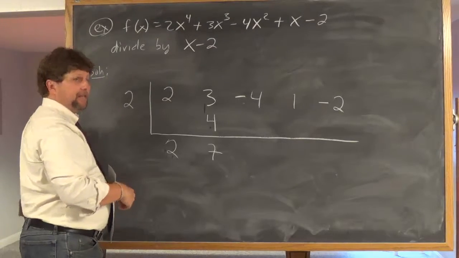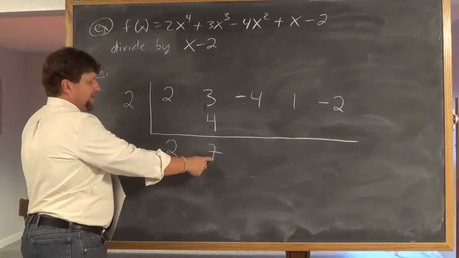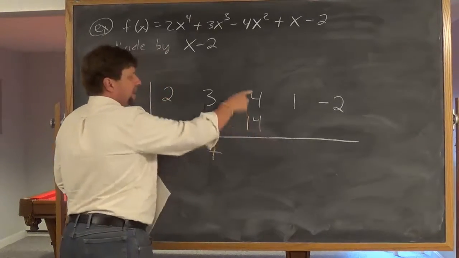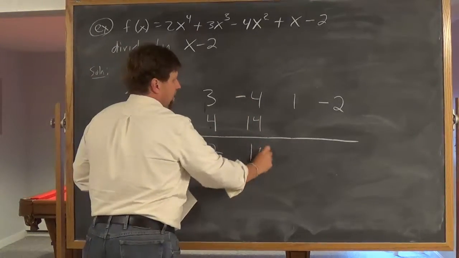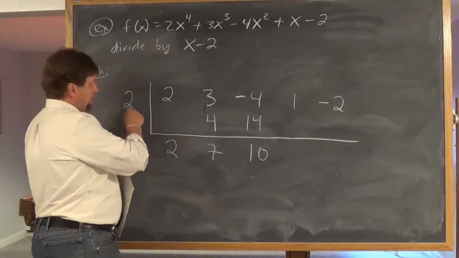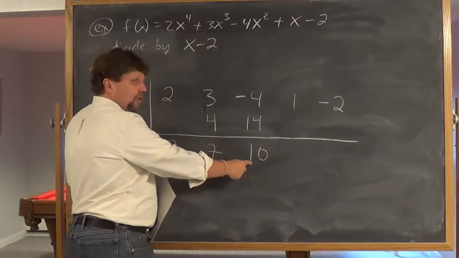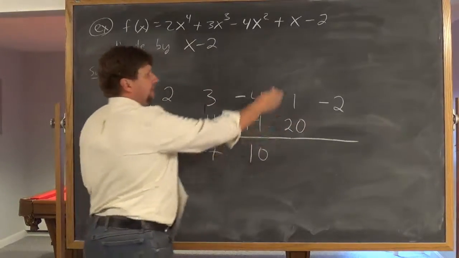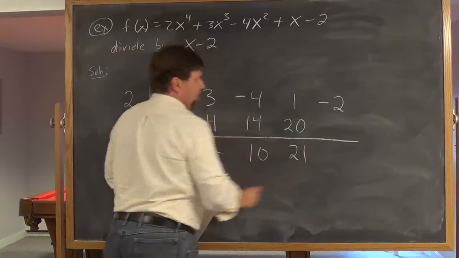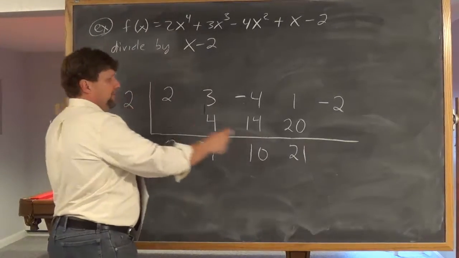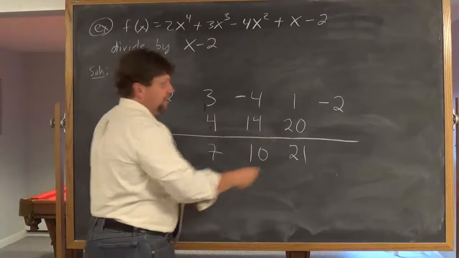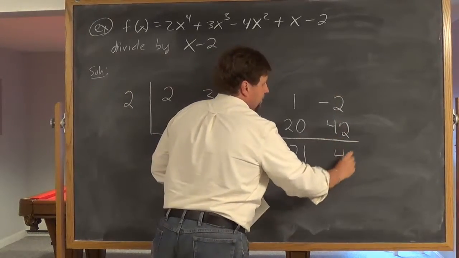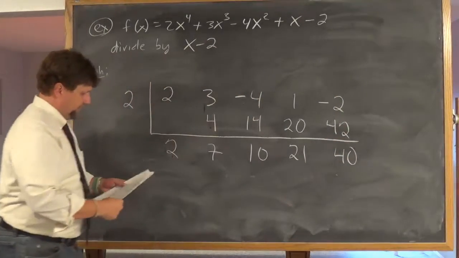Now you repeat the process. 2 times 7 is 14, so you put a 14 here and add. Get 10. Repeat the process. 2 times 10 is 20. So put 20 under the 1 and add. You get 21. Then finally 2 times 21 is 42. So you put a 42 here and you add and you get 40.